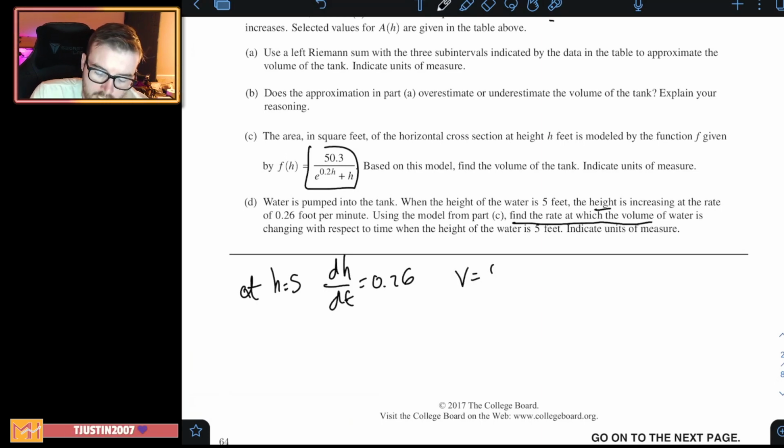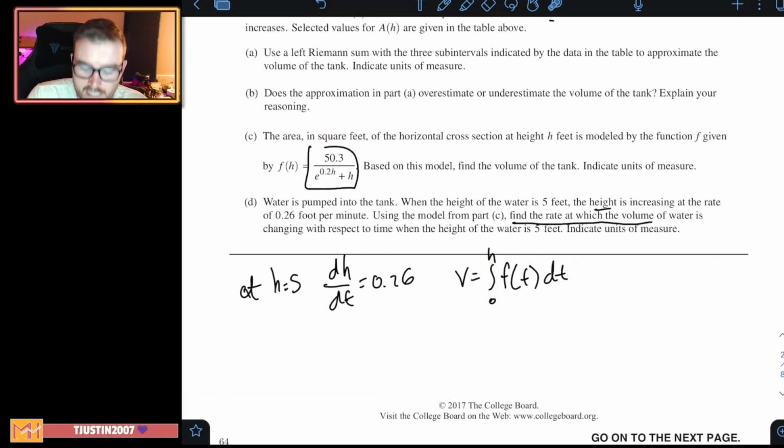Volume equals the integral from 0 to h of f of t dt, right? This is the function of area, and we are integrating that from 0 to h.